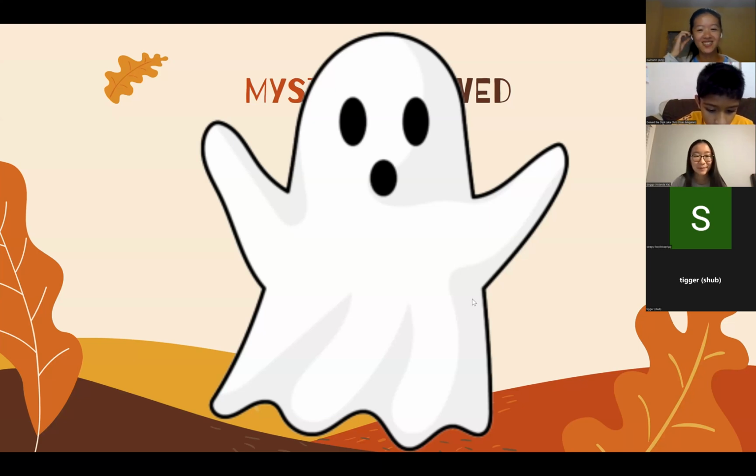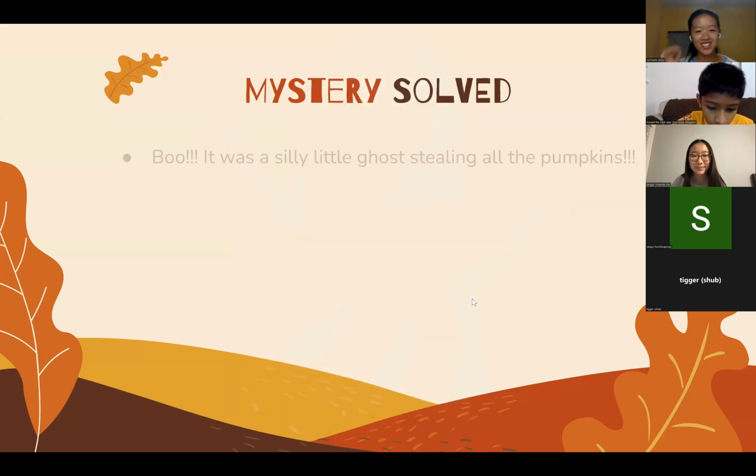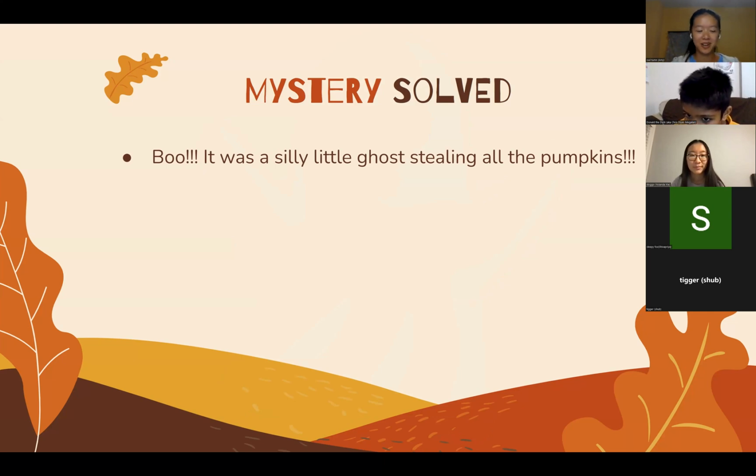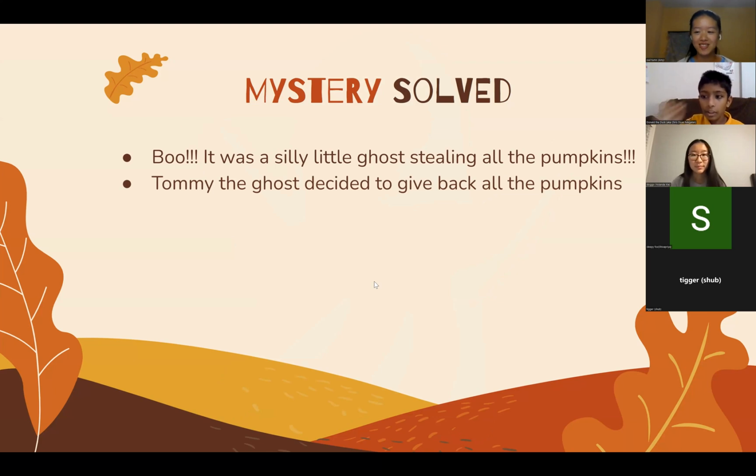Okay, so basically what's been going on is that there's been a ghost that's been stealing all the pumpkins, and the ghost just takes a pumpkin and disappears. The ghost is Tommy. I think the ghost was the former Hoover farm owner, and he didn't like people taking pumpkins from his private farm, so he started stealing them back.